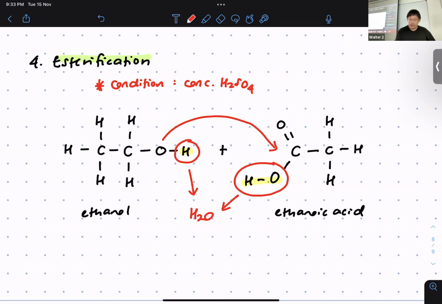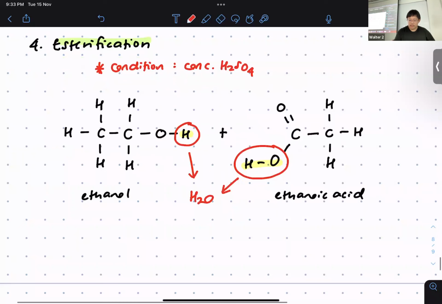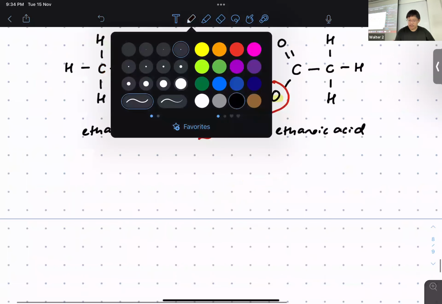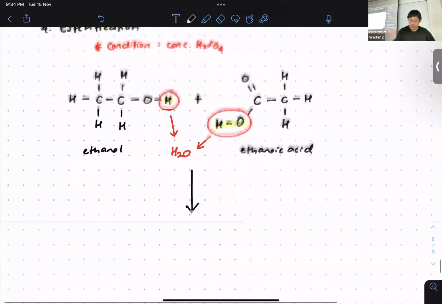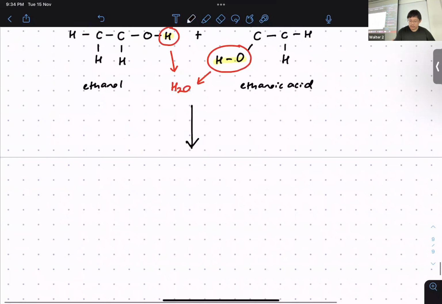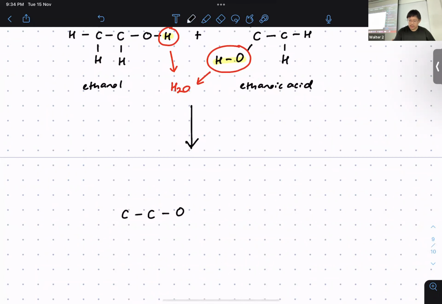So subsequently, your molecule should look something like this. All right, I'm going to draw the next page. So you have a 2-carbon atom alcohol, and after that, you have a 2-carbon atom carboxylic acid as well.